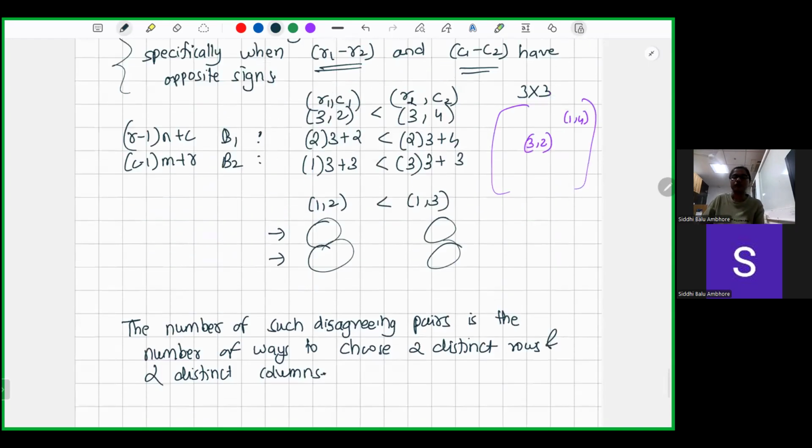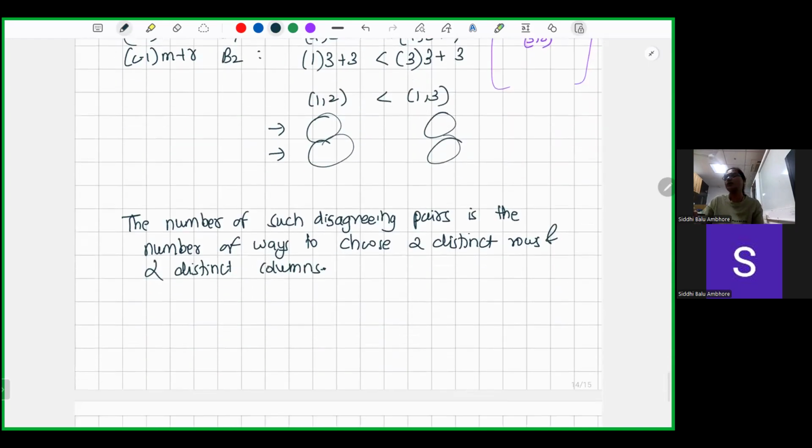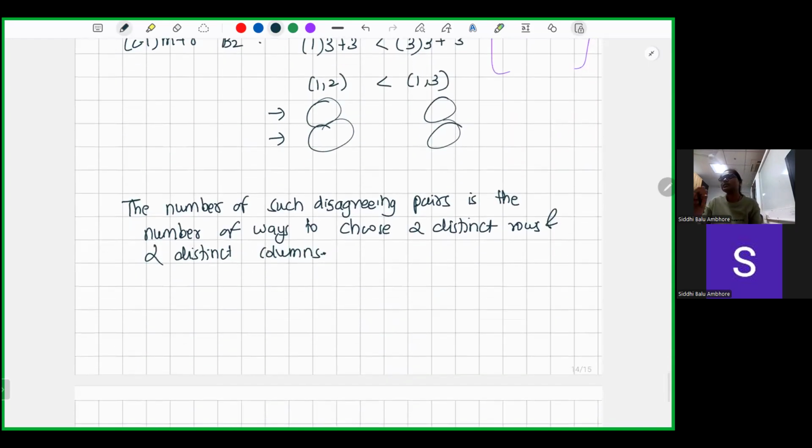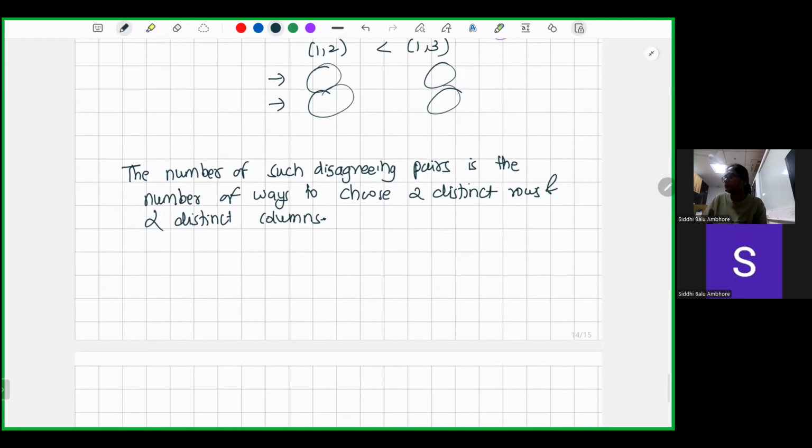So this disagreement will happen when I choose the number of ways of choosing two distinct rows and two distinct columns, and then take the crossed pairs.